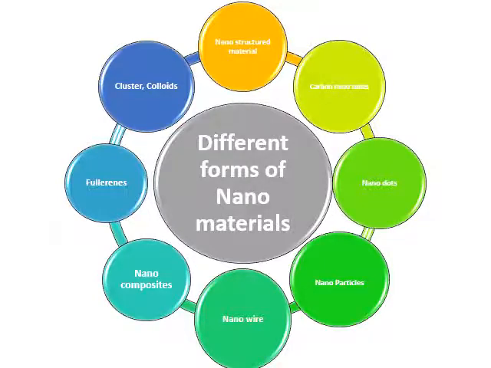Depending on the dimension in which these products satisfy the conditions for nanoscale, there are different forms of nanomaterials. We start with nanodots, nanoparticles, nanowires, nanocomposites, and spherical molecular shapes like fullerenes, clusters, colloids, and nanostructured materials and carbon nanotubes.